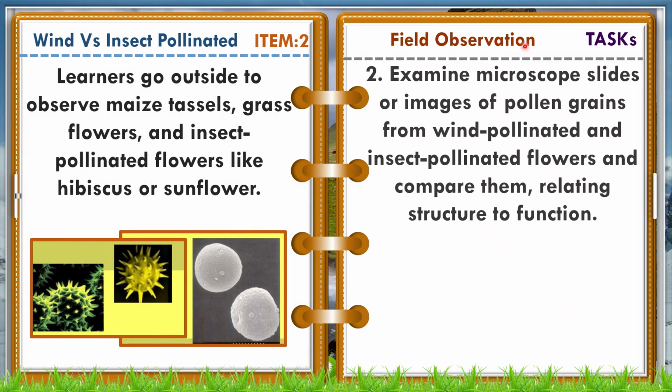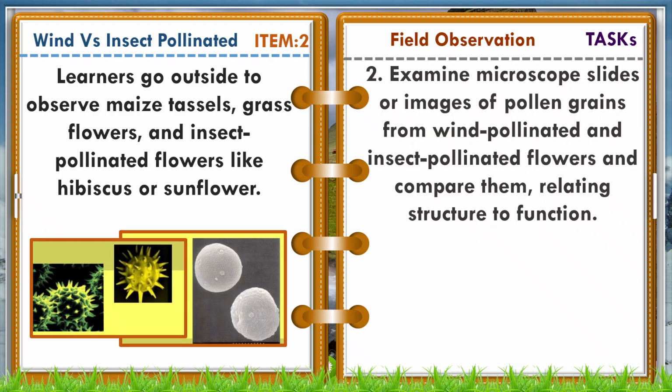Field observation. Examine microscope slides or images of pollen grains from wind-pollinated and insect-pollinated flowers and compare them, relating structure to function.